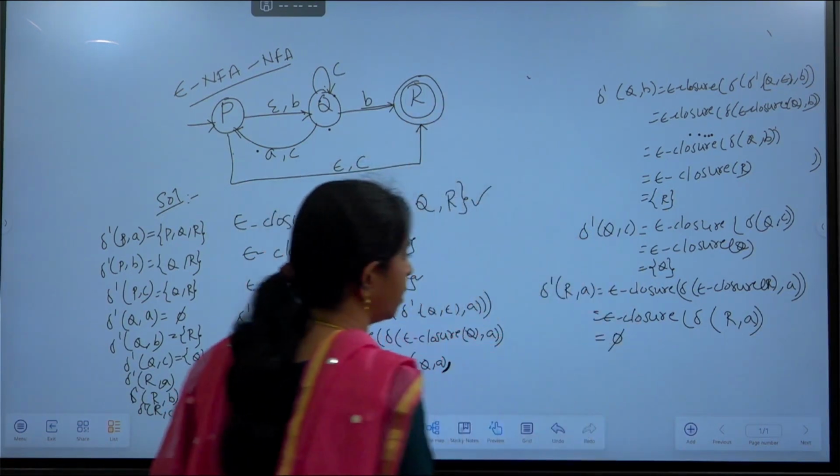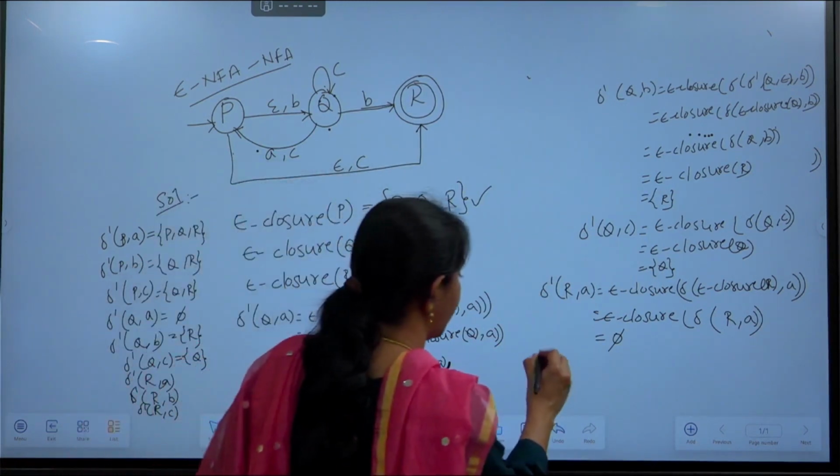So directly we can write it as phi. Same for delta dash of R comma B.